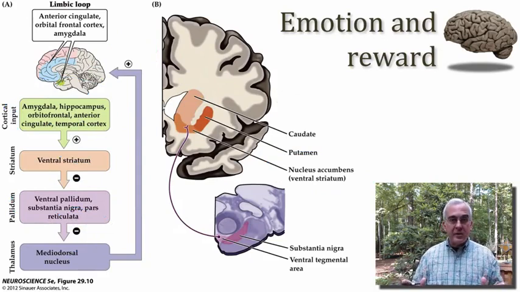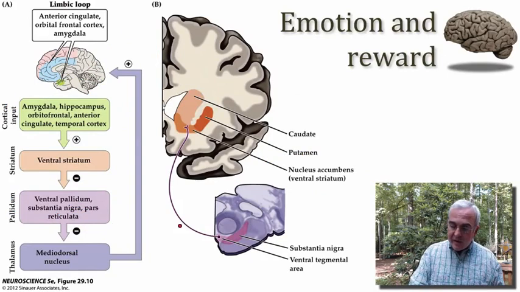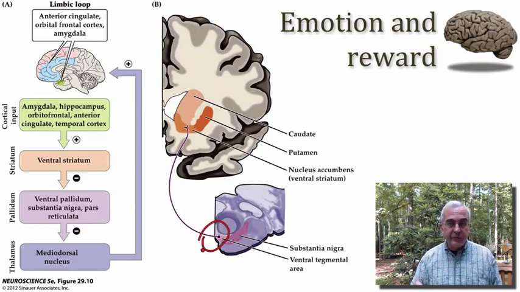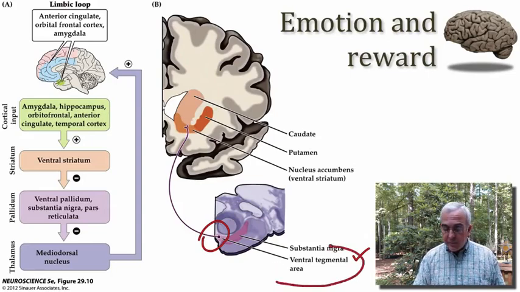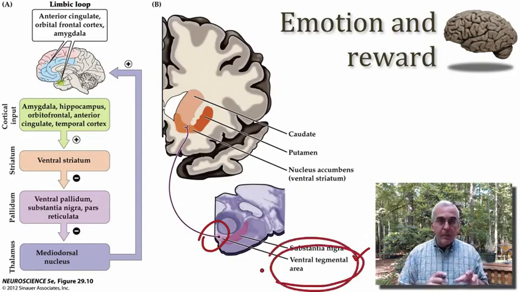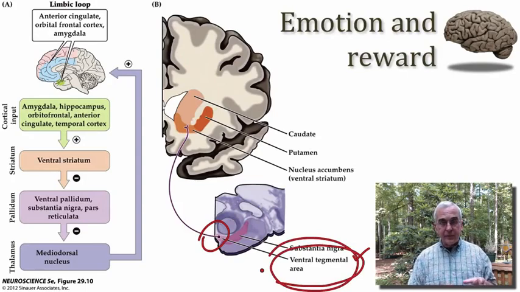Now there's one critical component of this circuitry that I need to highlight before we move on, and that is found right here on the medial edge of the substantia nigra in the midbrain. This is the ventral tegmental area, which is critically important in modulating the way the circuitry through the ventral loop of the basal ganglia operate.